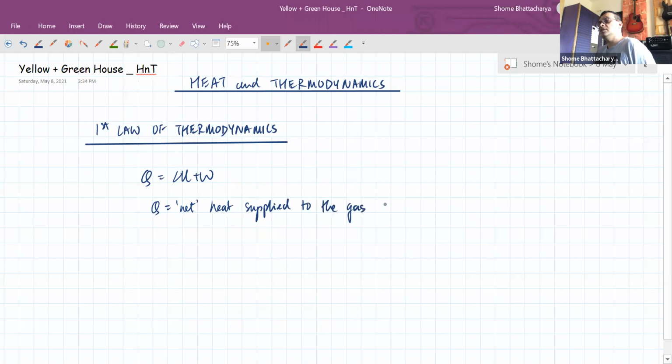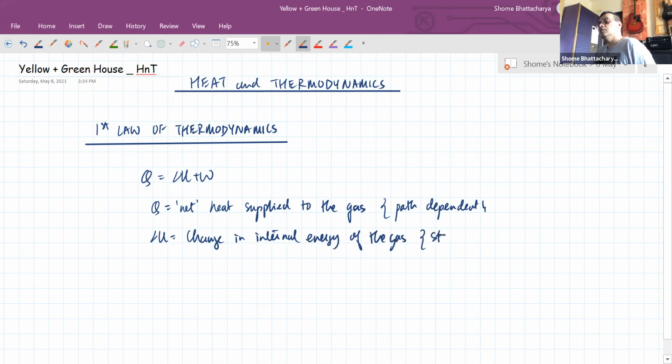We saw that this heat is a path dependent quantity, whereas delta U, which is the change in internal energy, is a state function, or path independent.